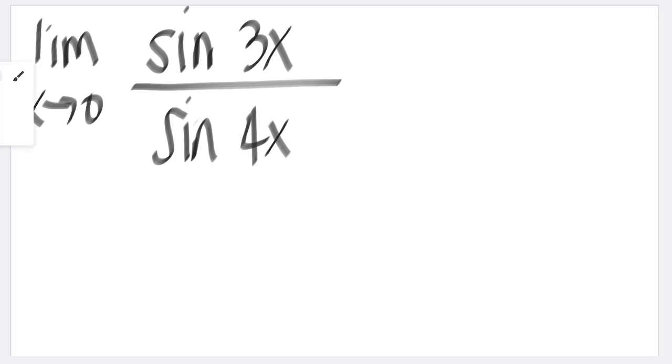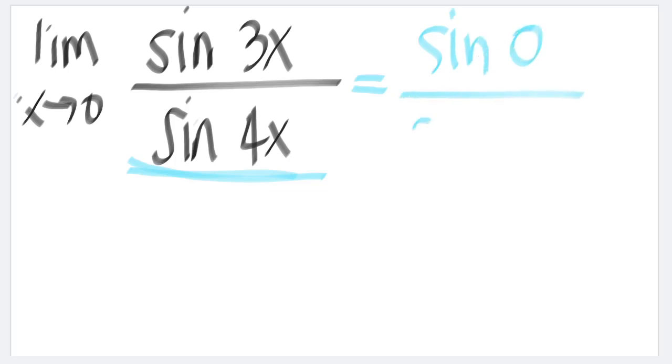I'll just have to isolate this function first. By direct substitution, you know that we get sine of 3 times 0 over sine of 0. Of course, you cannot directly eliminate them, because sine 0 is 0 and sine 0 is 0.